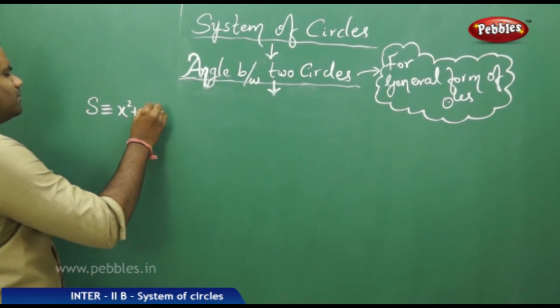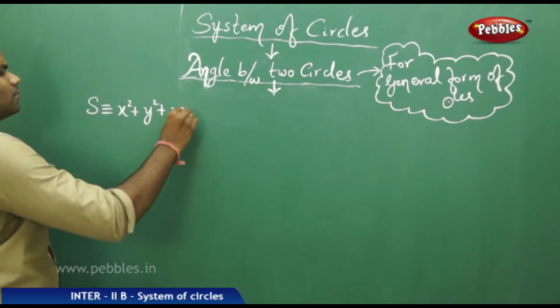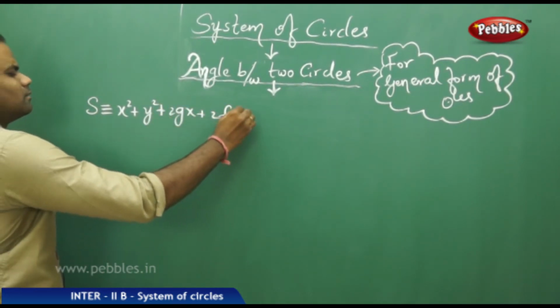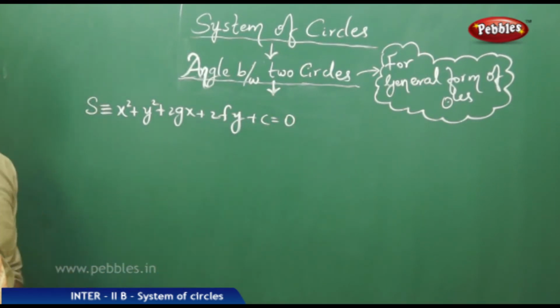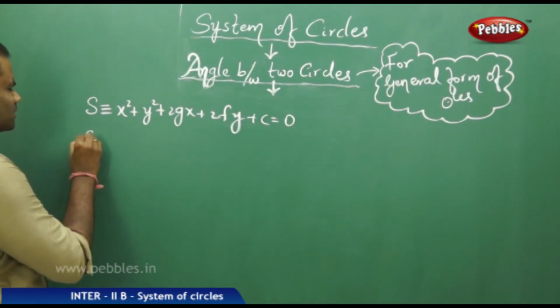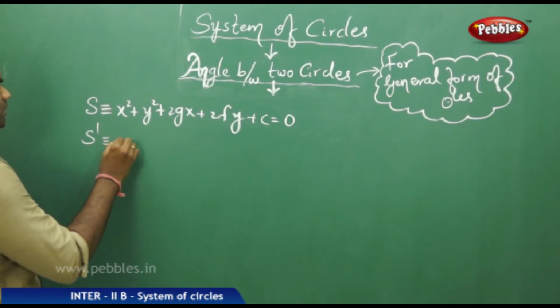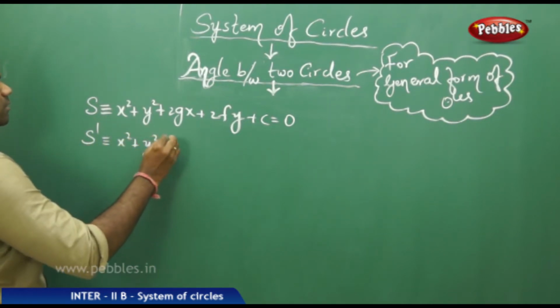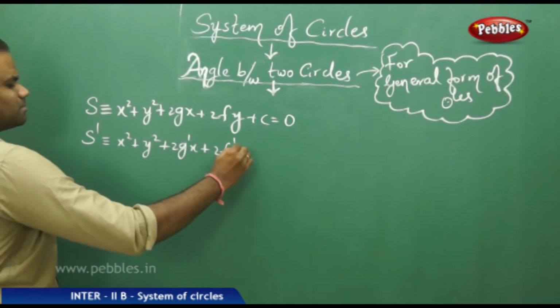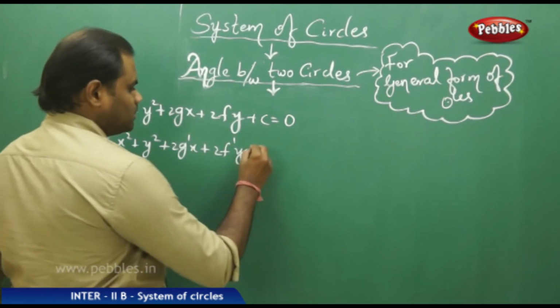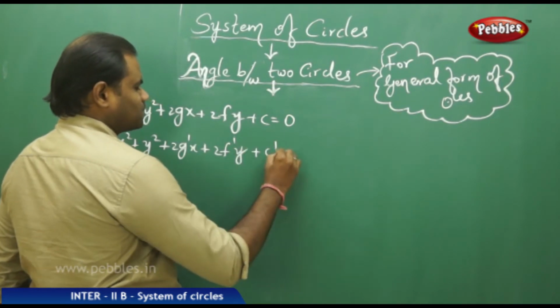So I have S equals x square plus y square plus 2gx plus 2fy plus c equal to 0 in the general form, and the other circle denoted by S dash, that is x square plus y square plus 2g dash x plus 2f dash y plus c dash equals 0.